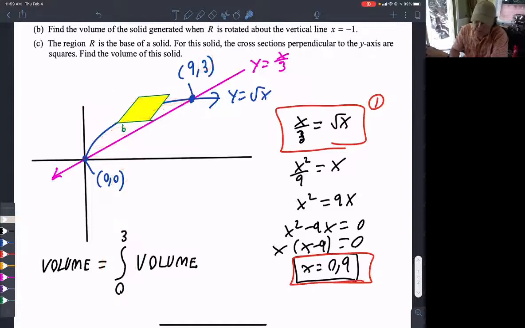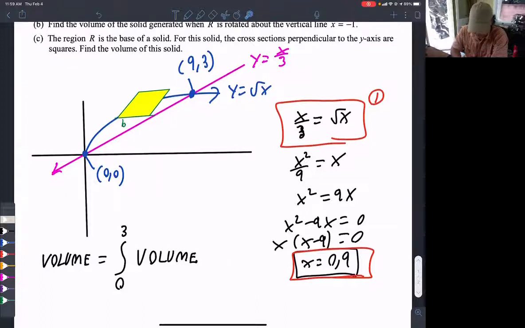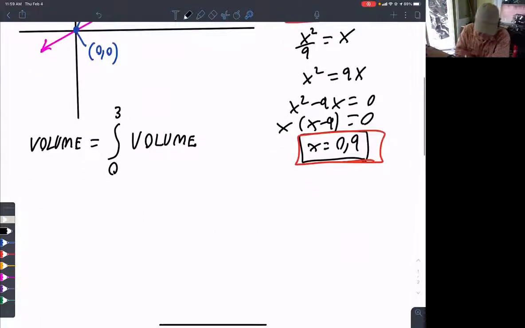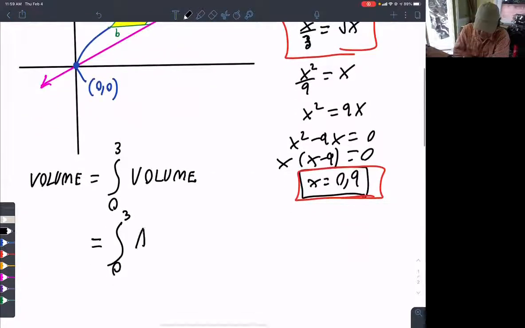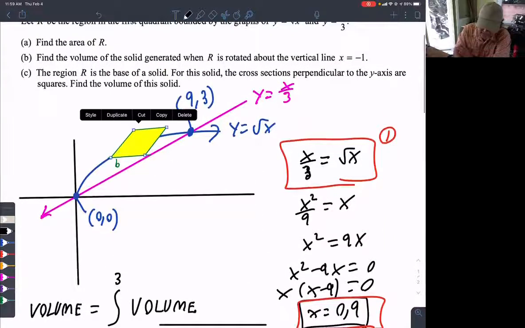If that confuses you, please come to tutoring, Argo Academics today, 1:05 to 2:30, and I will help you with that. But how do you find a volume of a sheet of cardboard? It's going to be the area of the shape times the thickness of the sheet, which is dy. And why is it dy?